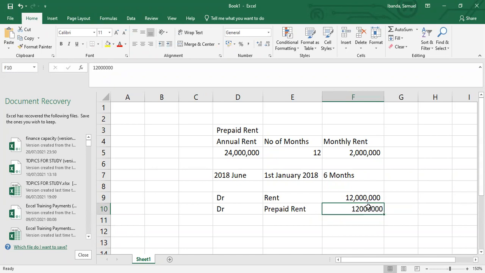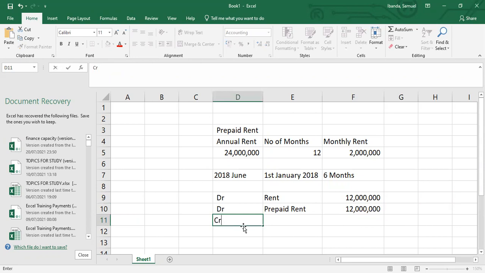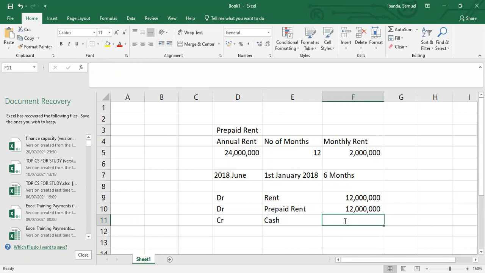And then, of course, we shall go ahead to credit our mode of payment, cash, by 24 million.